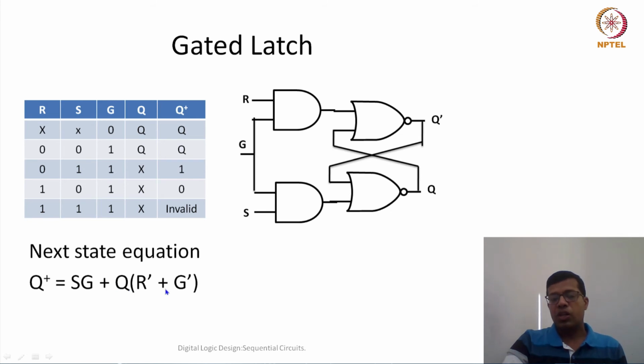Otherwise it depends on what the previous output was, and whether reset is 1. If reset is 1, then my output is going to be 0, and at that time G also has to be 1. This can be created simply by solving the K-map for these 4 variables.